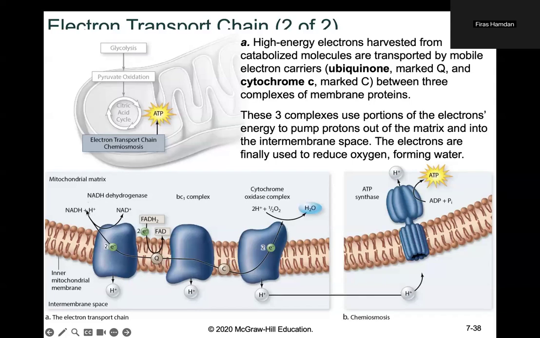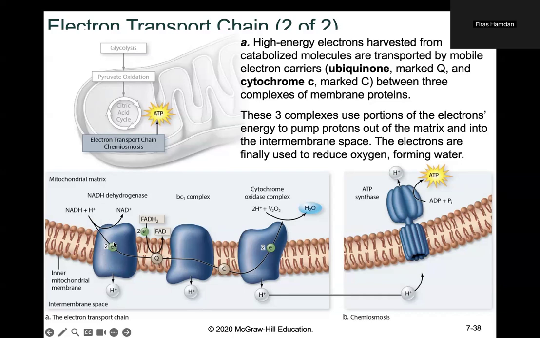So what happens is that NADH is going to come in and pass its two electrons, and also it's going to remove its H plus. It passes its two electrons towards the first complex, called NADH dehydrogenase. So the first electron carrier we have is called NADH dehydrogenase.